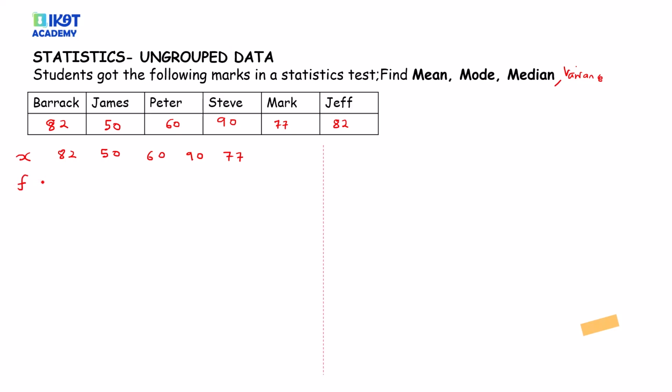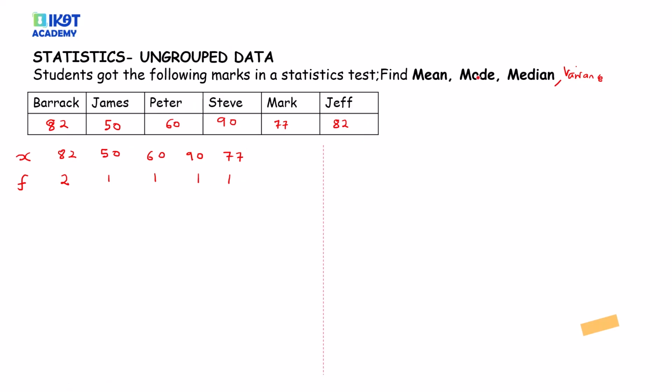Frequency is how many times that number occurs. Here 82 is occurring twice, as you can see. This 50 is occurring once, this one once, this one once. So the summation of f should give you the total number of items. So 2 plus 1 plus, so it's 6. We have 6 items. So always that should be a guide.